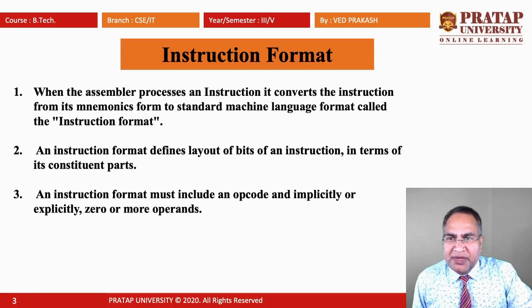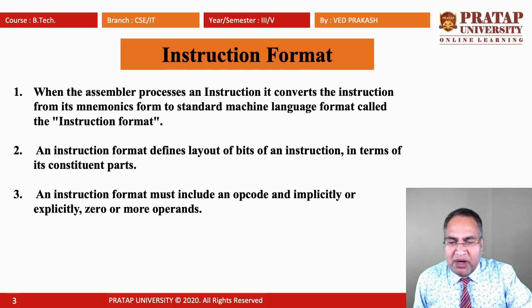When the assembler processes an instruction, it converts the instruction from its mnemonic form to a standard machine language format that is known as an instruction format. An instruction format defines the layout of bits of an instruction in terms of its constituent parts.